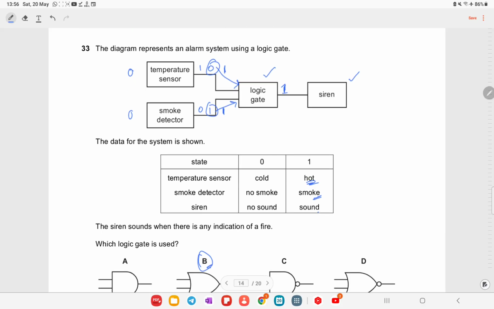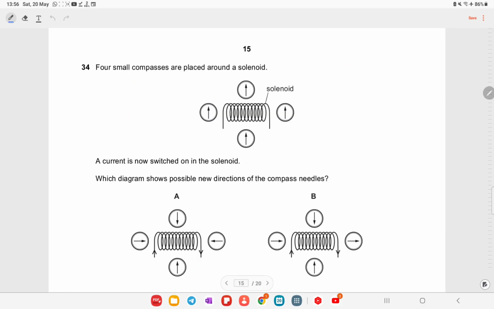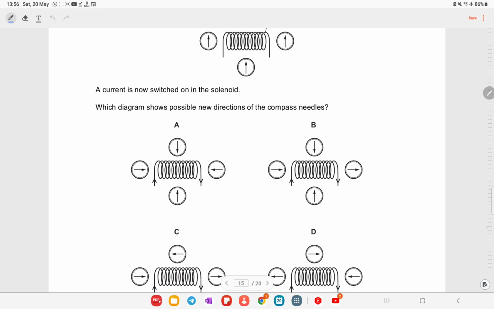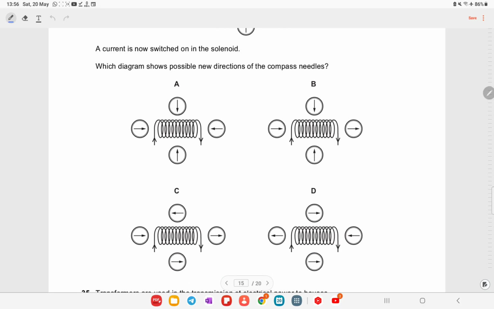Four small compasses are placed around a solenoid. A current is now switched on in a solenoid, which diagram shows possible new direction of compass needles. So now you see this thing that when you switch on, the solenoid acts as a bar magnet.